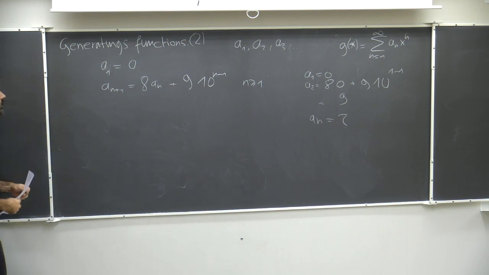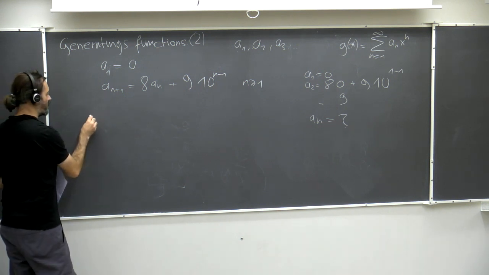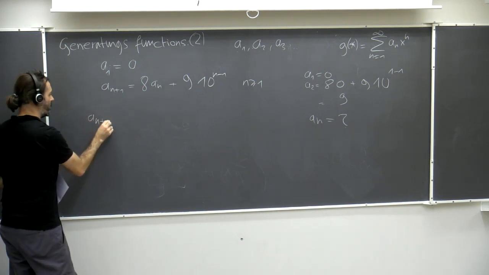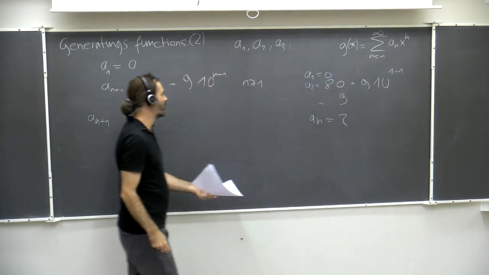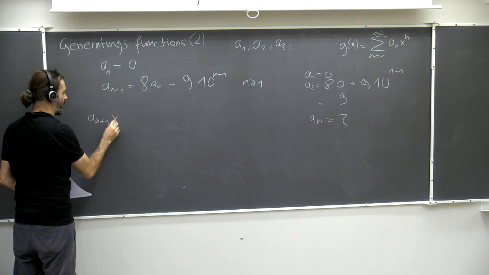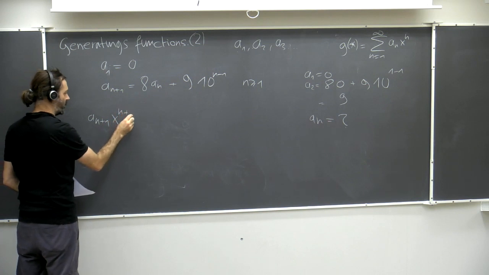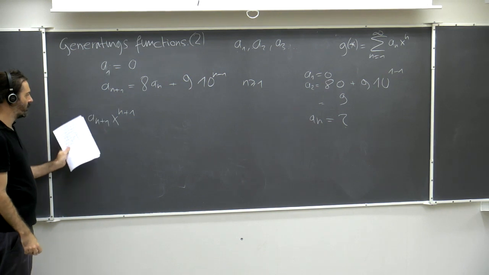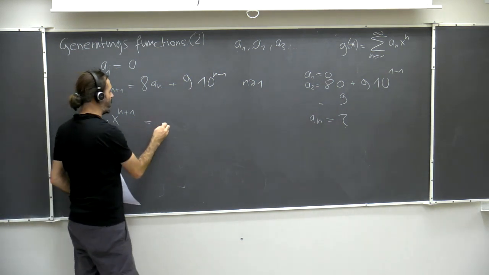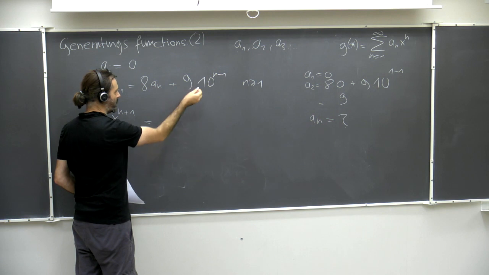So how do you get a g here? You start by writing a_(n+1), and if you look at our function g, then a_(n+1) we would have to multiply with x to the power n plus 1. We can multiply the left-hand side of this equation with this, but then we also have to multiply the right-hand side of the equation.